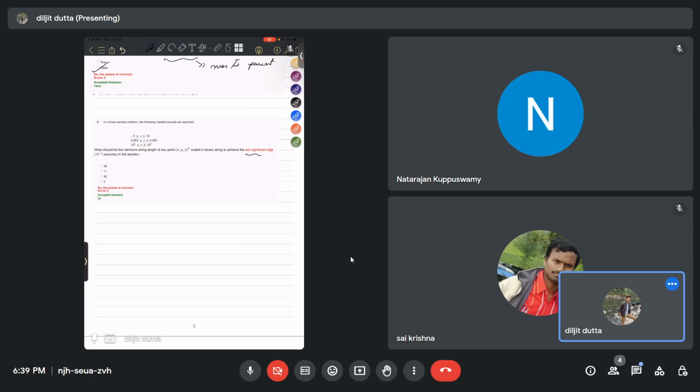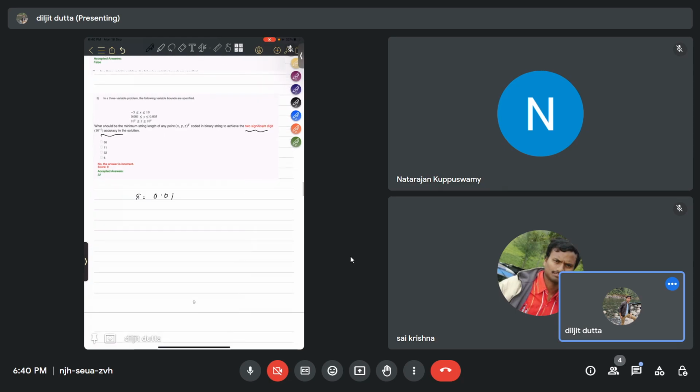Two significant digit accuracy means the precision is 0.01, that is 10 to the power -2, and we have to achieve it for all three variables x, y, z.